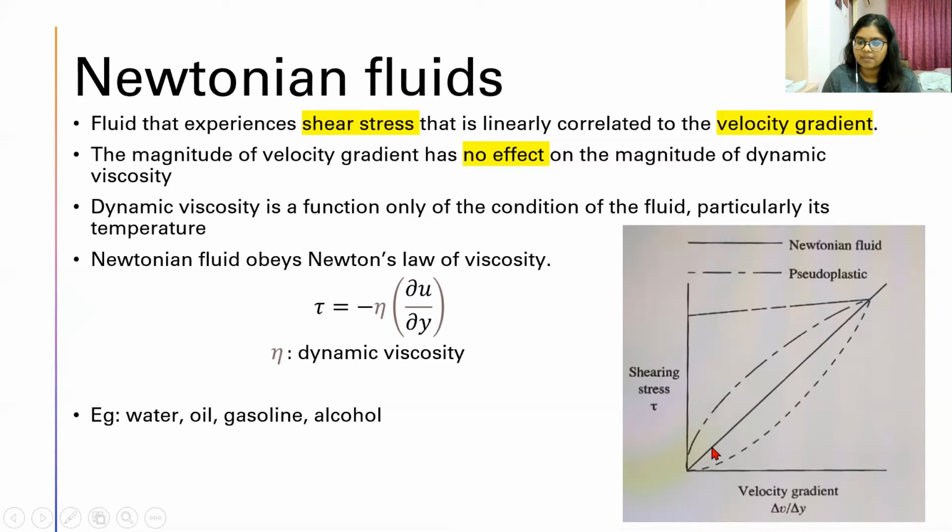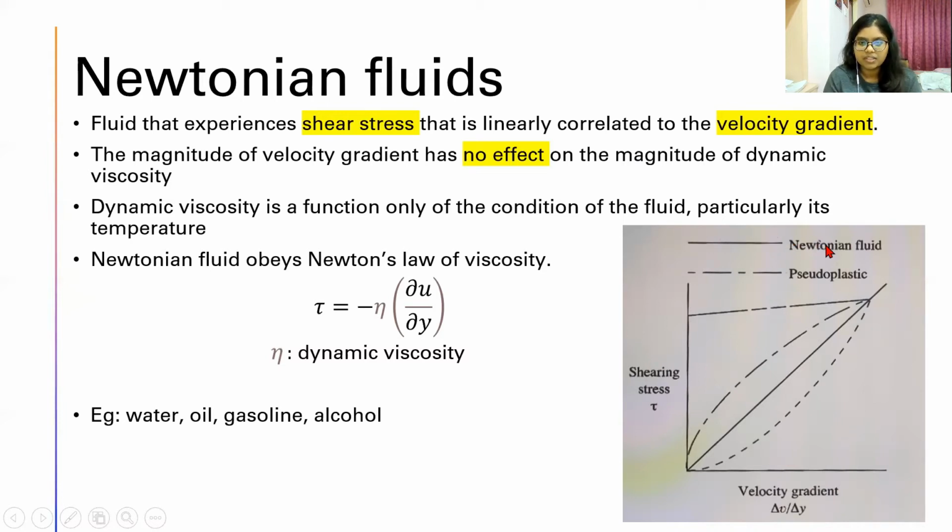So when we take a point anywhere on this line, the magnitude of velocity gradient will not affect the magnitude of viscosity because the slope is constant. Dynamic viscosity will be constant at any point. Dynamic viscosity is a function only of the condition of the fluid, particularly its temperature.